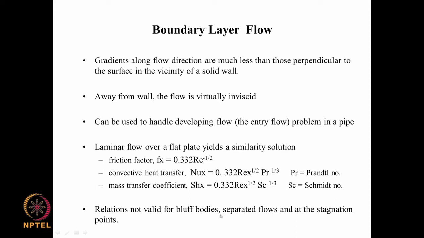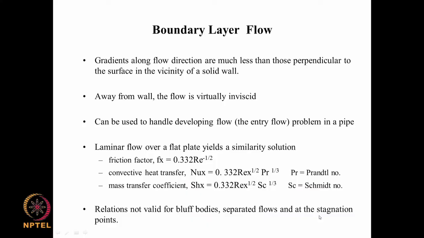But these relations are not valid for bluff bodies. That means in the sense where you do not have a thin boundary layer and you have strong pressure gradients and non-cylindrical bodies where the L by D ratio is small, it is not very large.